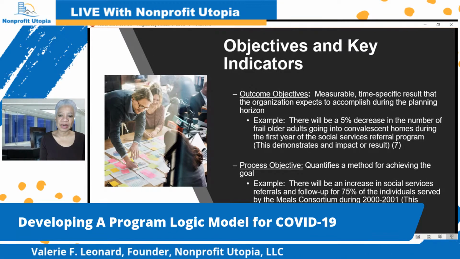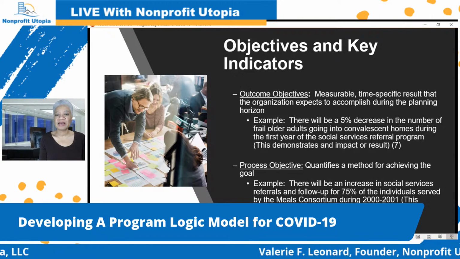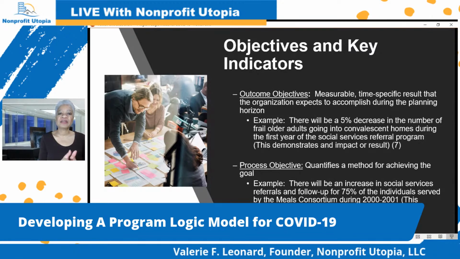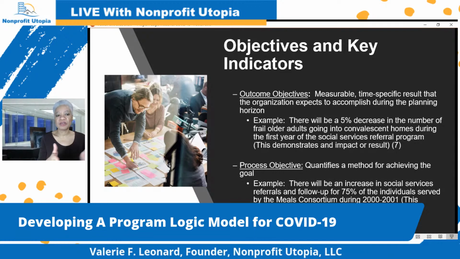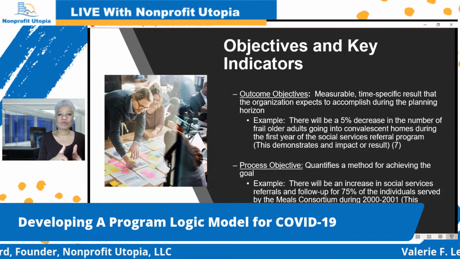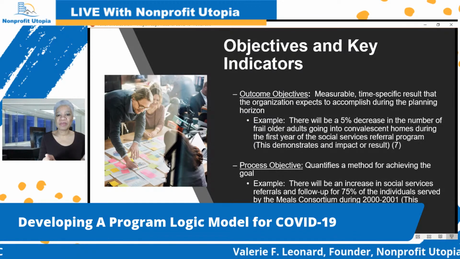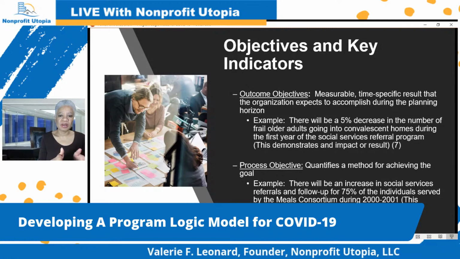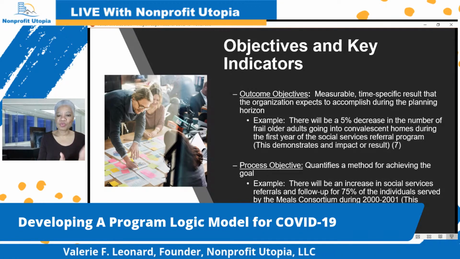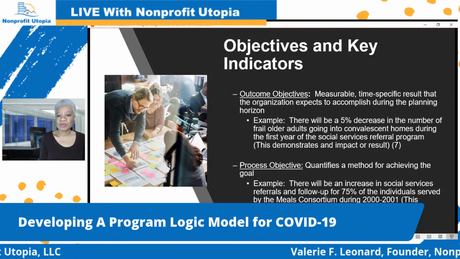So an outcome objective is a measurable, time-specific result that the organization expects to accomplish during a certain period of time. So if you're responding to a proposal, you want to have goals and objectives that are within the time frame that money is being given to you. All right, so that's one example. Sometimes you might want to have it accomplished within a year, or 2 years, or whatever.